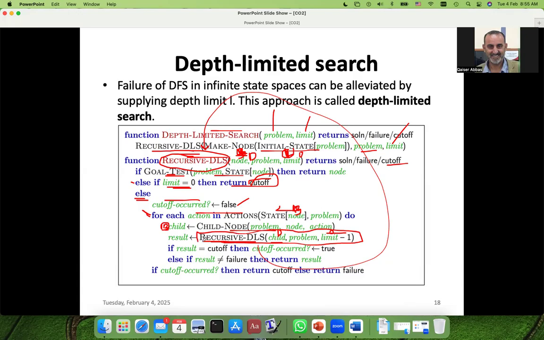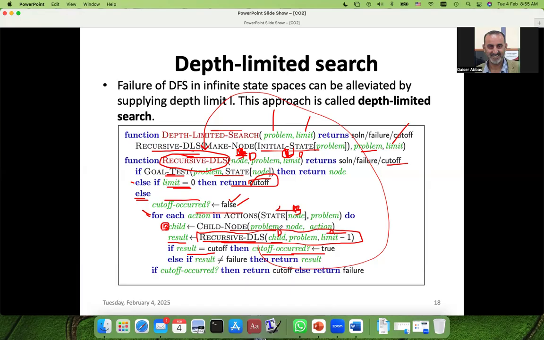It is returning us cutoff, so that cutoff will be stored here in this result variable. And then we are checking, if result is equal to cutoff, yes, condition true. Then cutoff occurred is true. We are changing the value of cutoff occurred, which was previously false, to true.